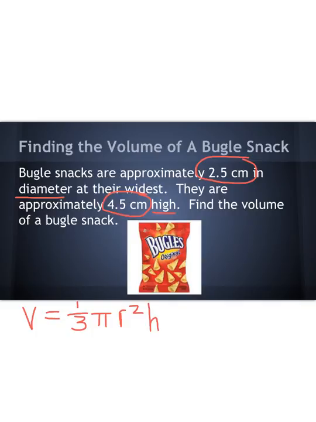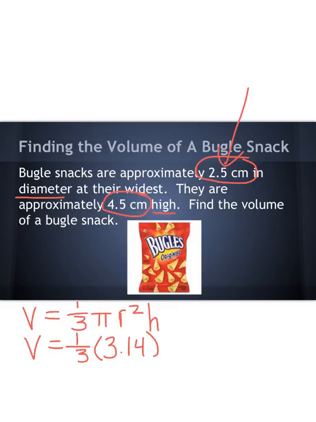Should get us where we need to be. So I'm just going to start plugging in numbers. 1/3, we're going to use 3.14 for pi, and then I hit a problem right there because I gave you the diameter when the formula would like you to have the radius. So think back to last year's curriculum where you had a circle. A radius was halfway across, whereas a diameter goes all the way across.